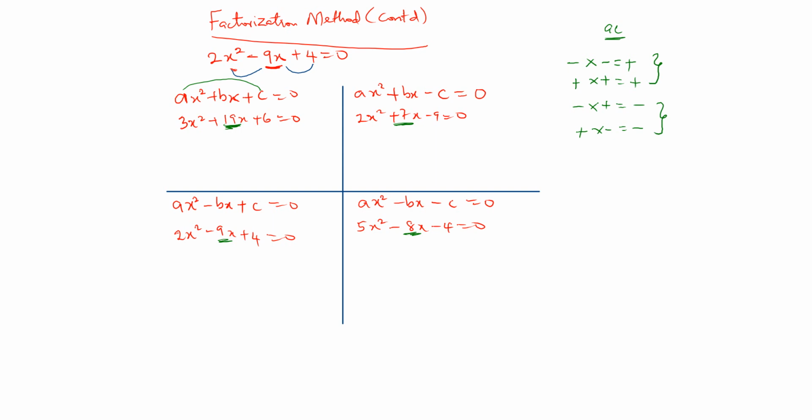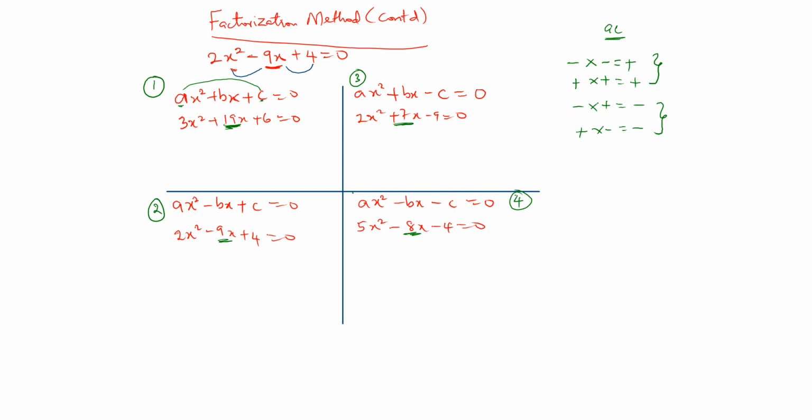So if I need to label these cases, I can give them as case 1, case 2, case 3, case 4. You realize that in case 1 and 2, we are going to have a positive product A times C, since A is positive here and C is also positive.